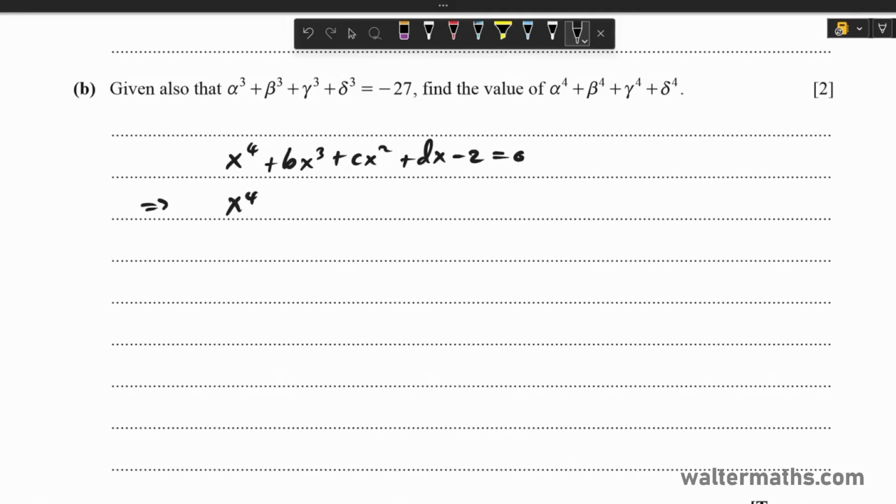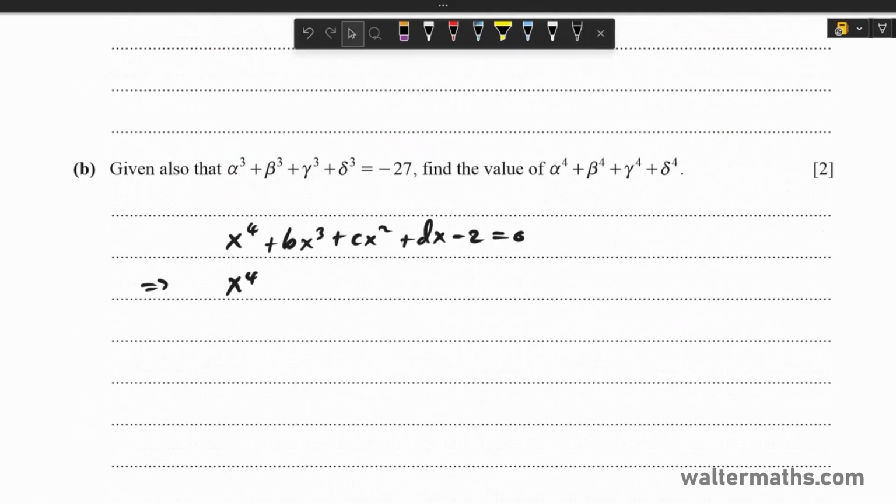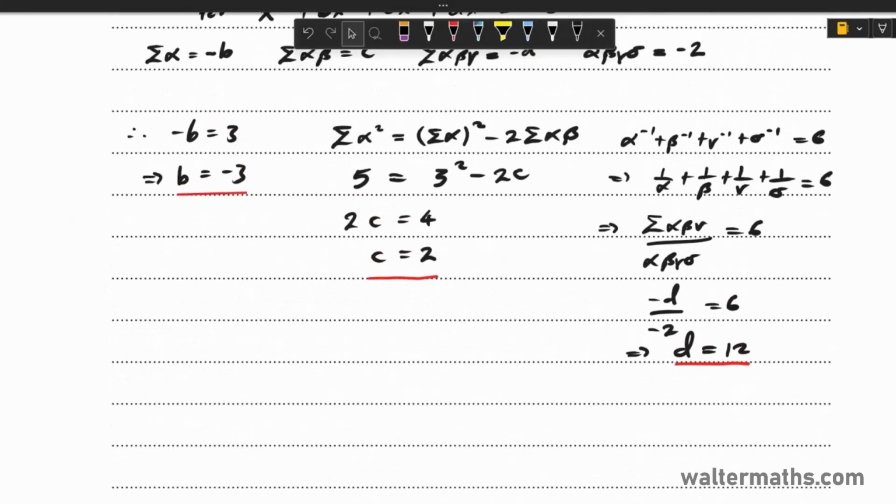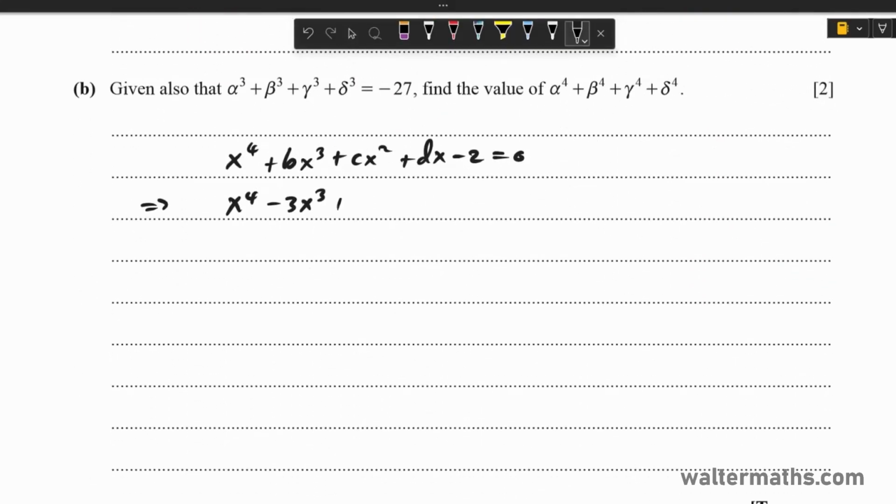So it's x to the power of 4, and we got b to be minus 3, so it's minus 3x cubed, and we got c to be 2, so it's plus 2x squared, and we got d to be 12, so it's plus 12x minus 2 equal to 0. I'm going to make x to the power of 4 subject. So this is the same as x to the power of 4 being equal to 3x cubed minus 2x squared minus 12x plus 2. All right.